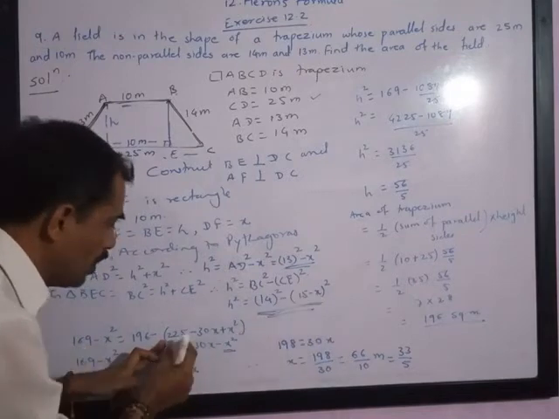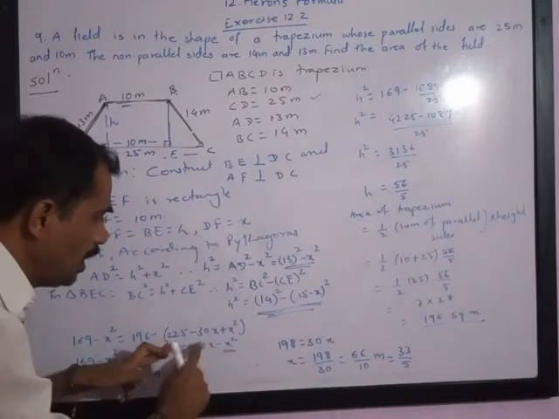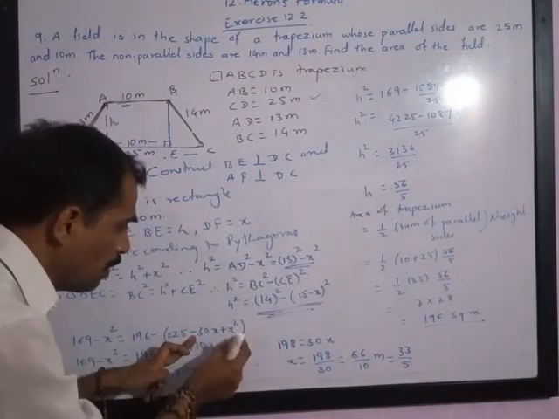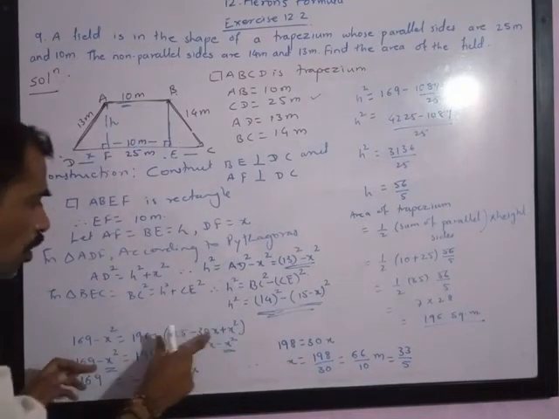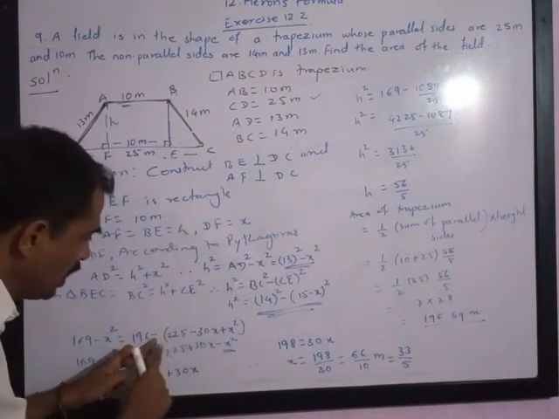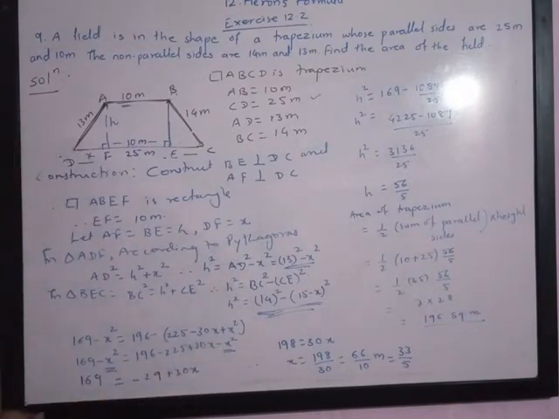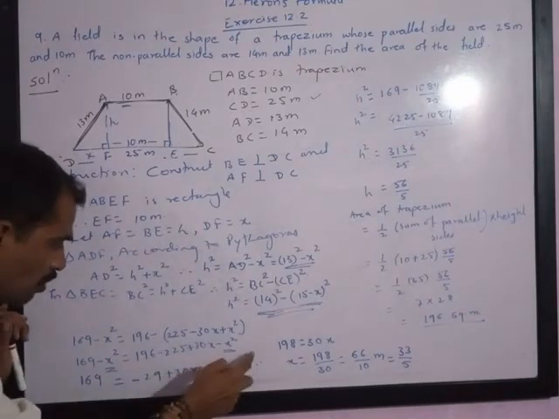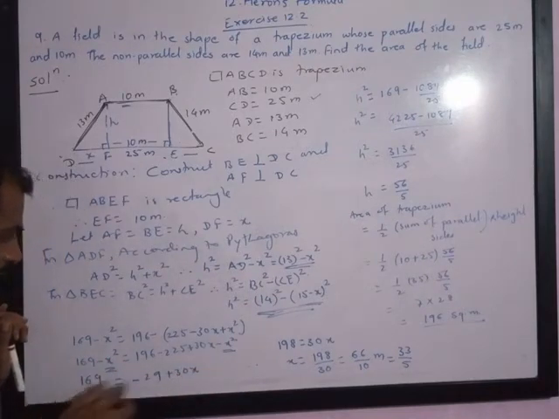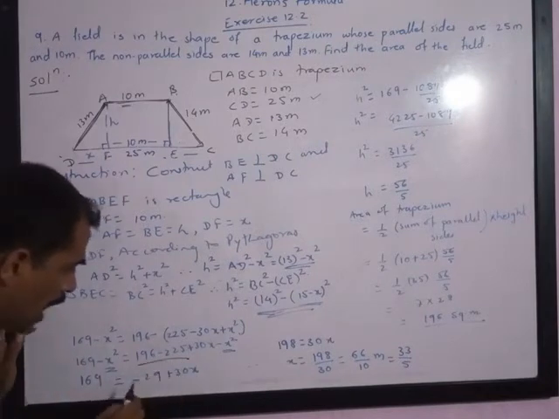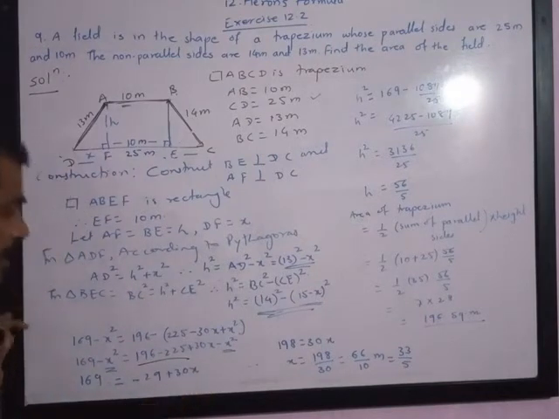So it will be 15 square, 225, twice ab will be 30x, and plus b square will be x square. Now if you open the bracket, the signs will change. It will be minus 225 plus 30x minus x square. Now minus x square cancels from both the sides. We will have 169 is equal to, if you solve this, minus 29 plus 30x.